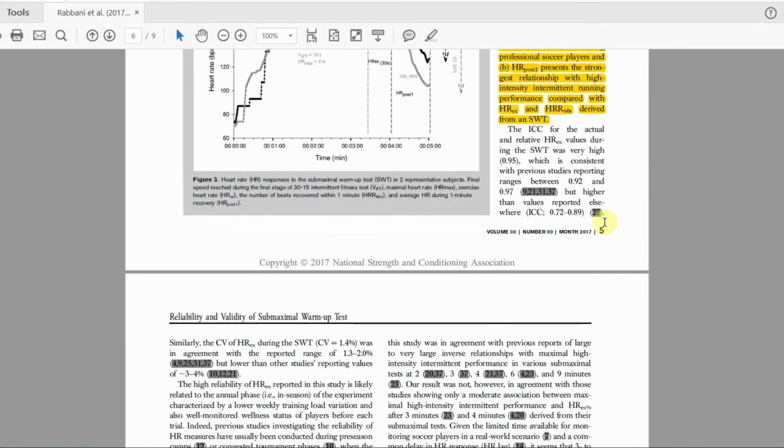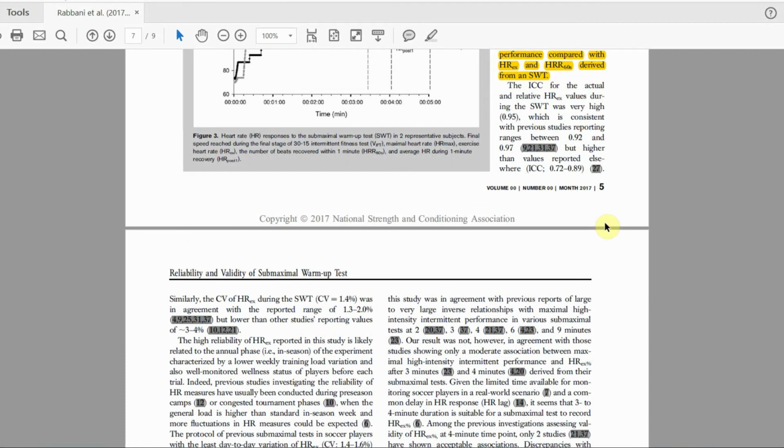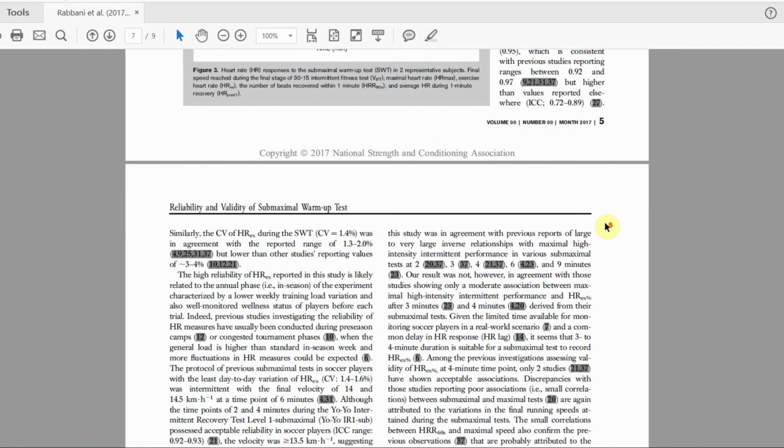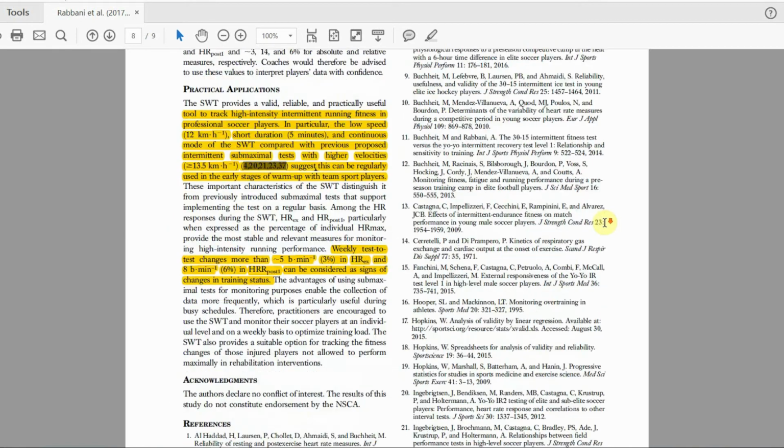The limitation of our study was that the sample size was small but professional, and we suggest using this test, which only takes 5 minutes, and the speed of running is 12 kilometers per hour, lower than the previously maximal test velocity.